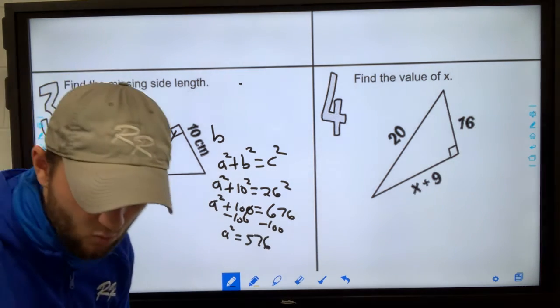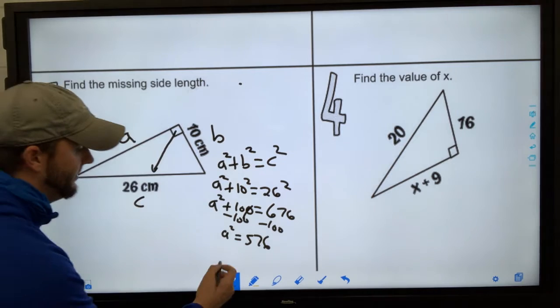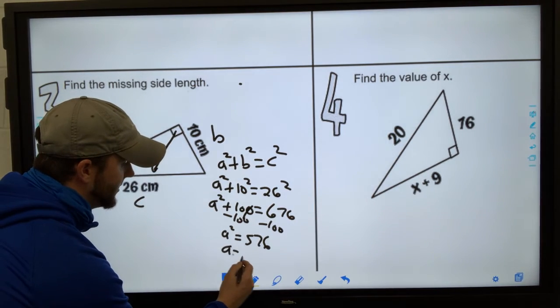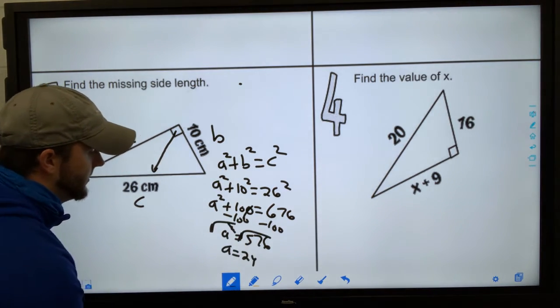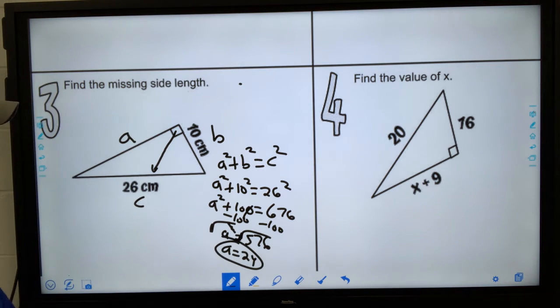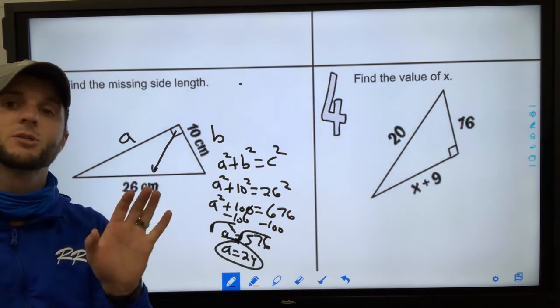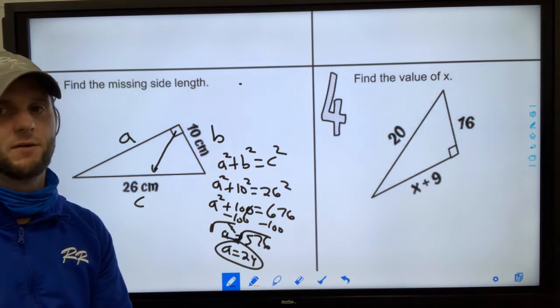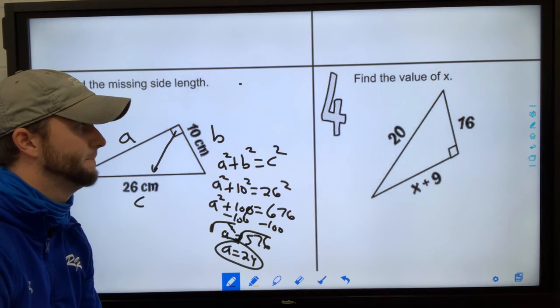And then I'm going to take the square root of 576, and that should end up giving you A is going to turn into 24. So I took the square root of both sides. So A is going to end up being 24 because the square root of 576 is 24, because 24 times 24 is 576. All these are coming out to equal perfect squares, okay?